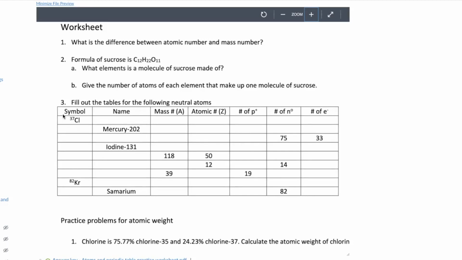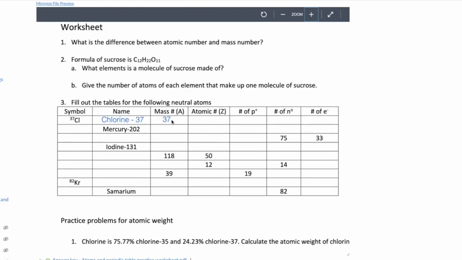Chlorine-37. So this 37 means it is the mass number of chlorine. So what we can write over here is, the mass number of chlorine is 37 and the name is chlorine with mass number 37.